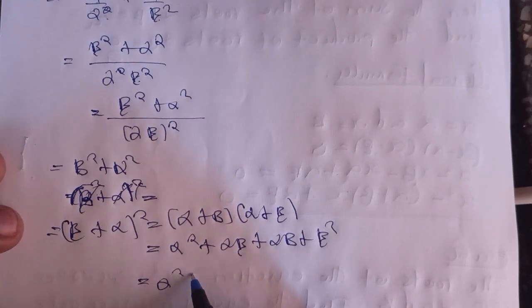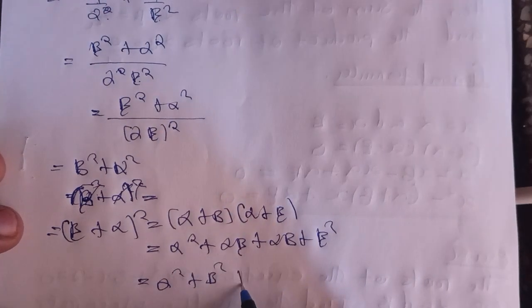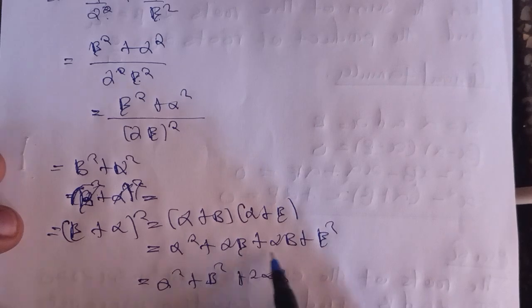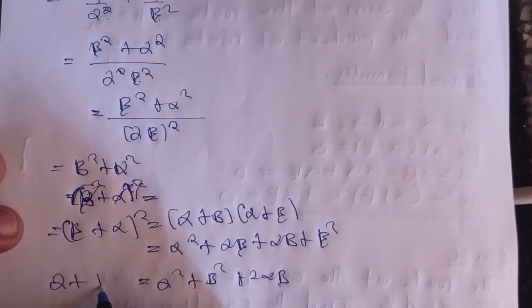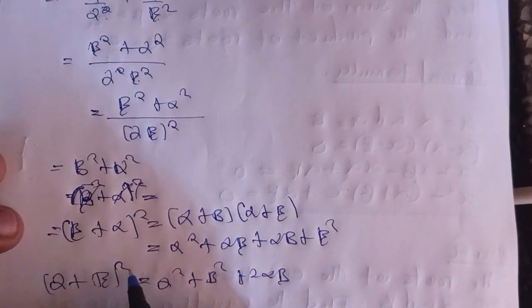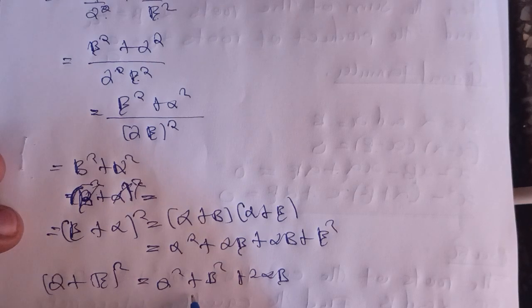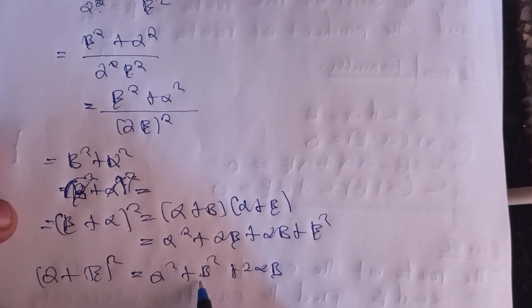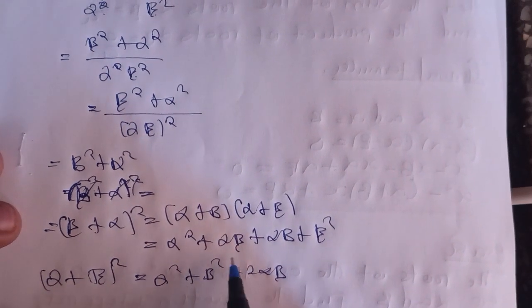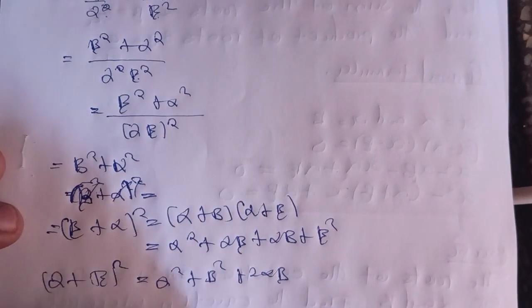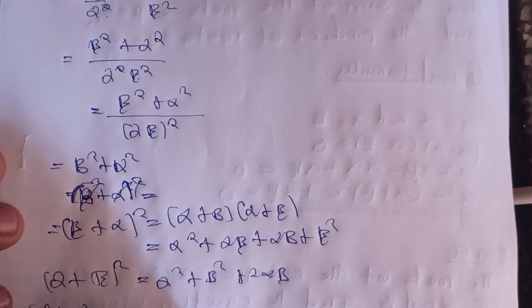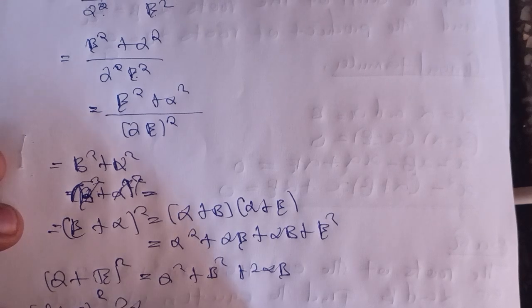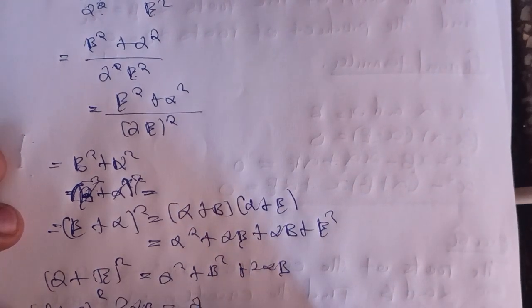Then we'll have alpha squared plus beta squared plus 2 alpha beta, since these are like terms, should be equal to alpha plus beta all squared. Since we have obtained what we wanted, alpha squared plus beta squared, we can transpose this to the other side. Then we have alpha plus beta squared minus 2 alpha beta should be equal to alpha squared plus beta squared.